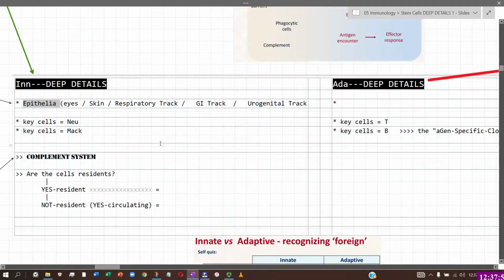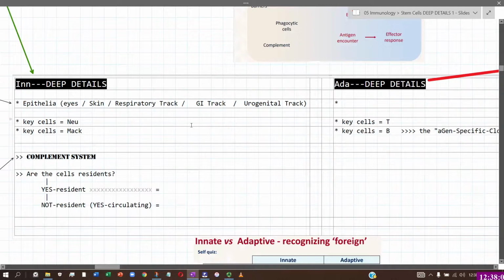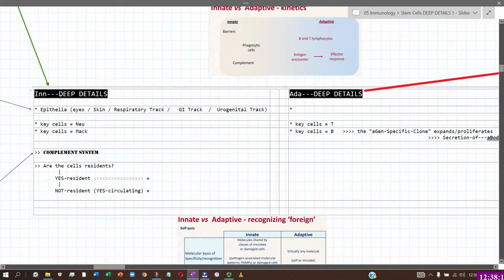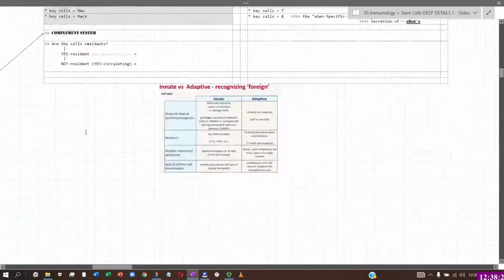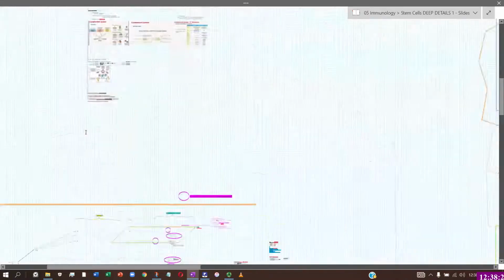So there's heavy exposure to microbes and potentially harmful agents. That's why there's that heavy emphasis on protecting the epithelia. And the key cells in innate immunity are the neutrophils and the macrophages. Let's see if I made a note of that.